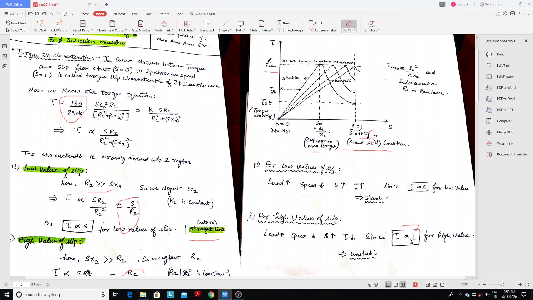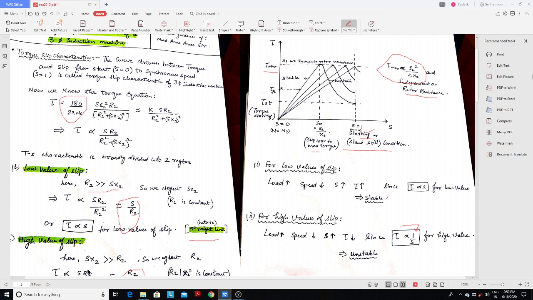We observe that tau max does not change as we increase the rotor resistance. This is because it is independent of rotor resistance. It only depends upon E2 upon X2, that is voltage and reactance. So if we keep on increasing rotor resistance, tau max will be constant.